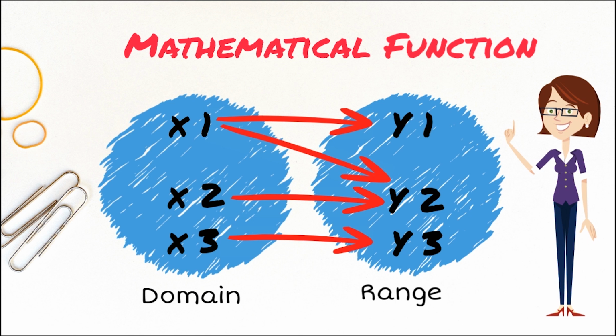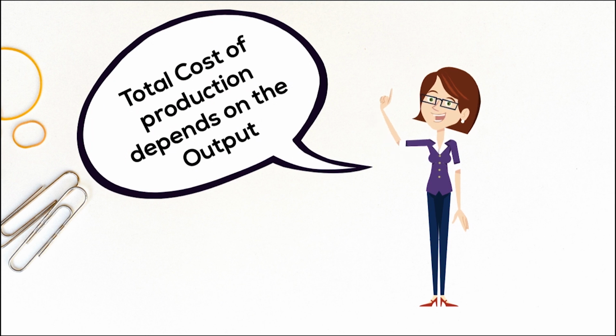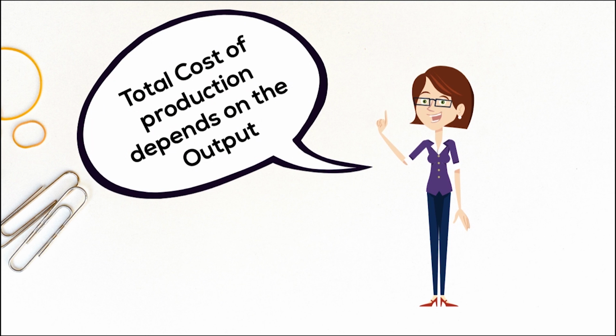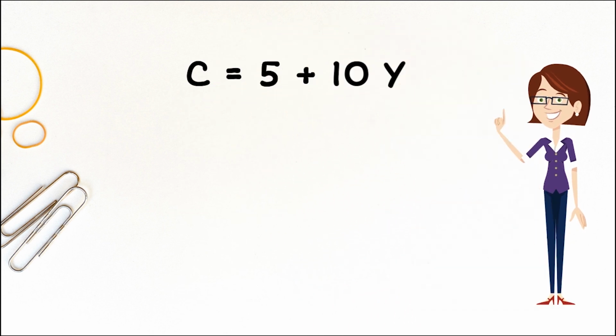For example, the total cost of producing a good by a firm depends on the quantity of goods produced, or the total output that is to be produced. Higher the output produced, higher will be the cost of production. This relationship may be expressed as C = 5 + 10y.